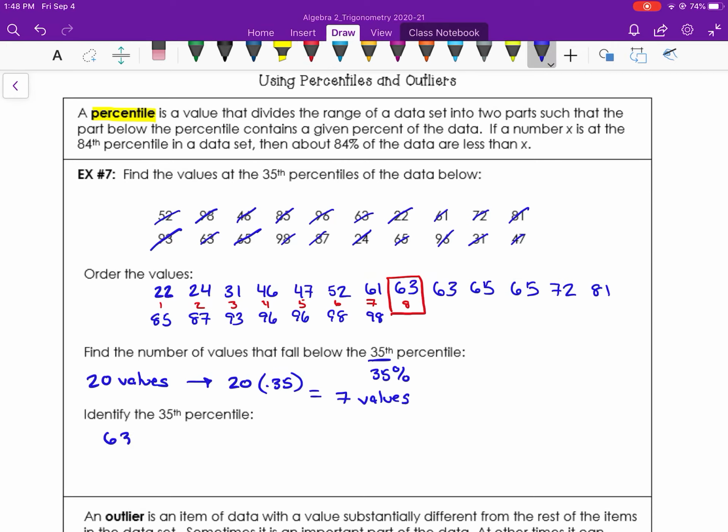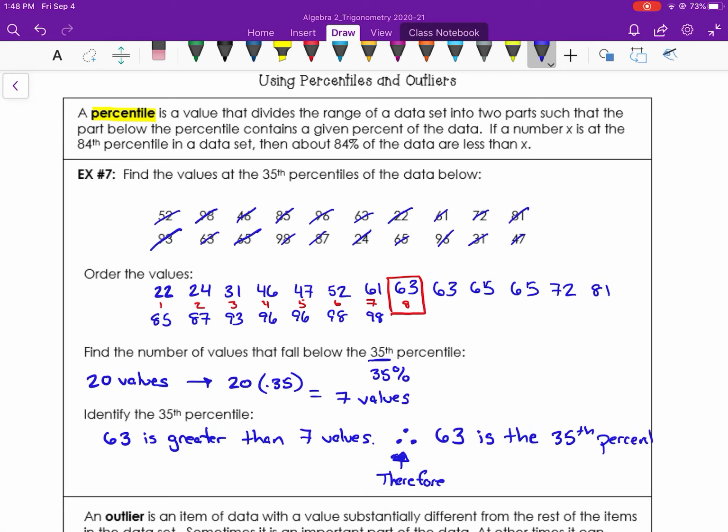Down here, in words, what I just said: 63 is greater than 7 values. So that means, therefore, 3 dots, therefore, I'll write it down here. First time using it, therefore. Okay, it's an abbreviation. So we say 63 is the 35th percentile. Okay, highlight our answer. Bam.